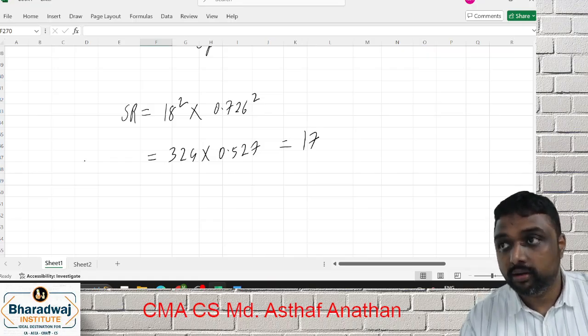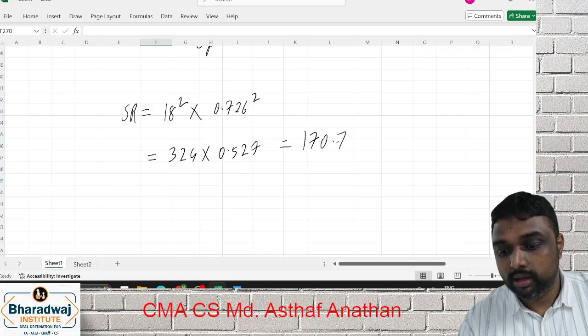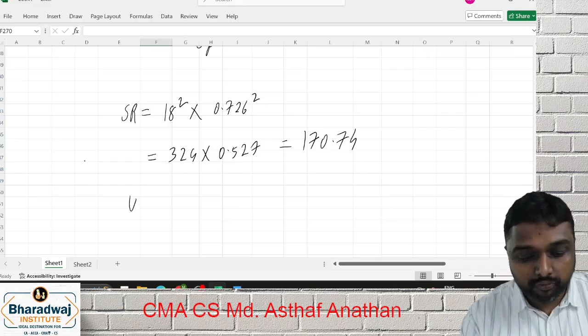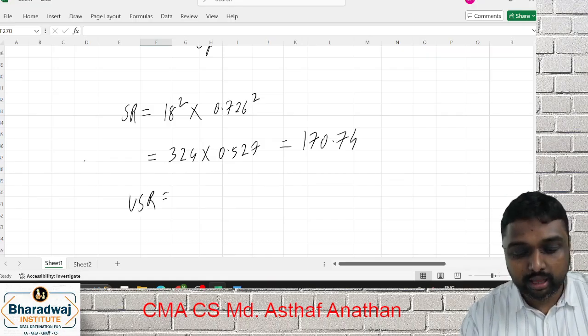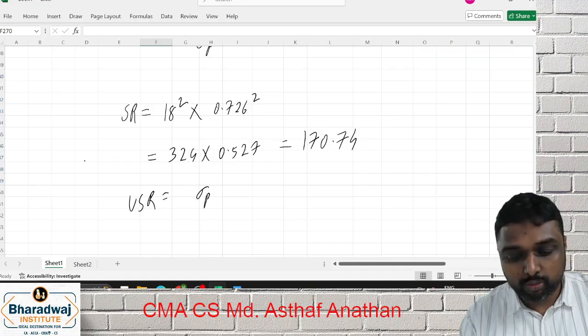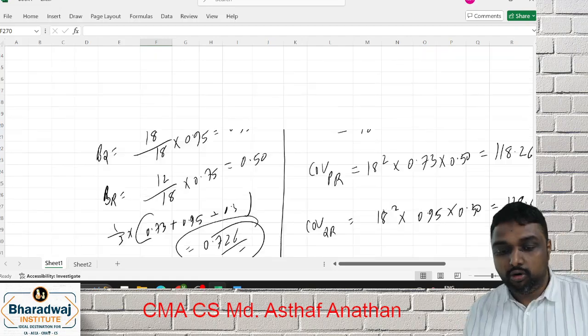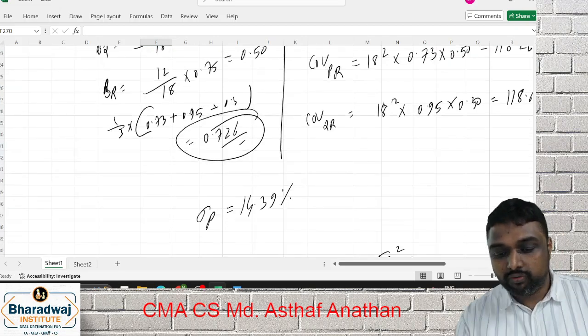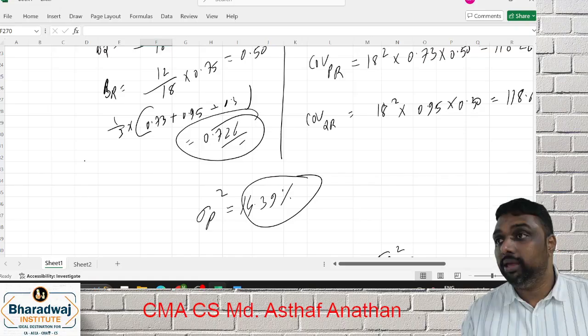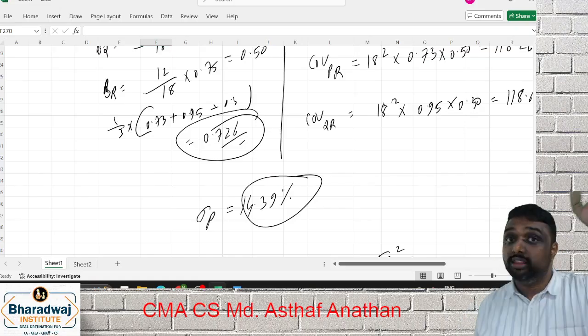So if you do this, what is the answer for systematic risk? 170 point. Now, very important. If you want to do unsystematic risk, we are doing the variance approach. The formula is total risk minus systematic risk. So you should find out what this answer is. We got the answer here, which is 14.394 for the portfolio. So you have to take 14.39 square.